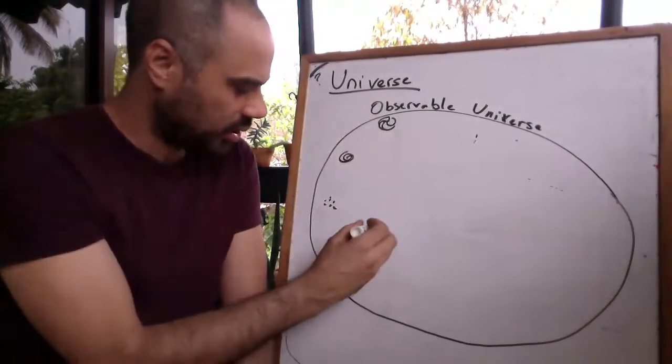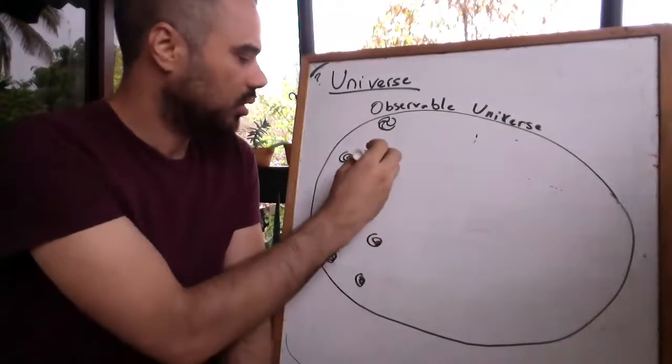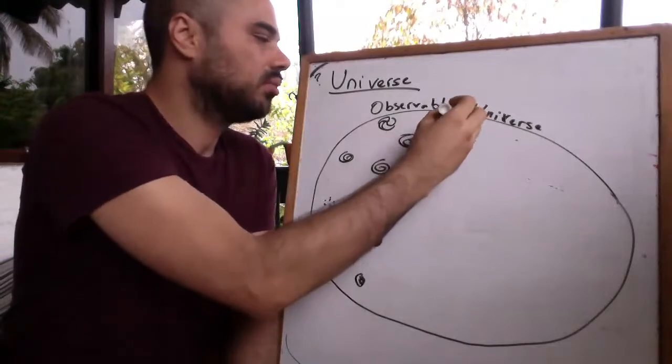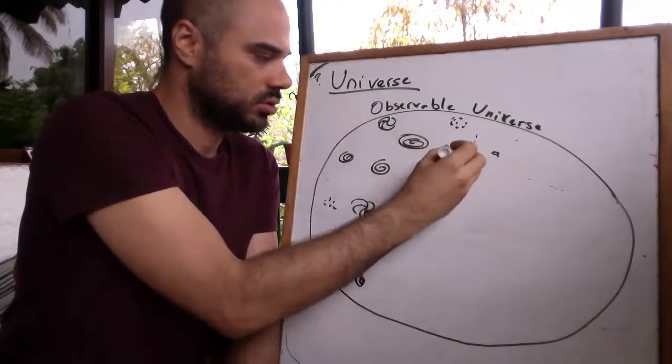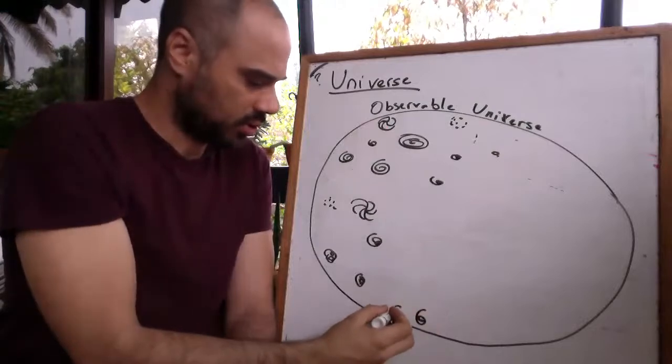So, what I'm drawing right now are galaxies. Some are spiral, some are elliptical, but all of these are made of stars. All of these galaxies are made up of stars.